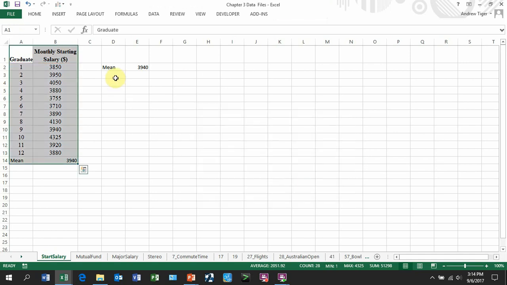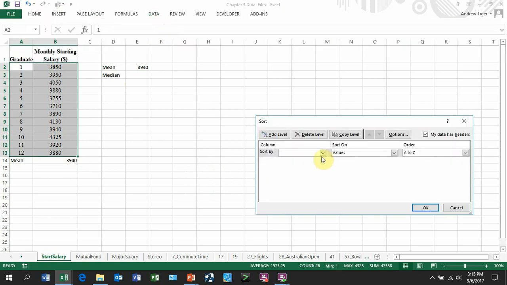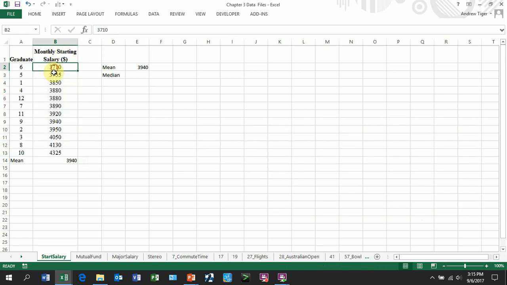Okay. Well, what is the median? The median is if we would sort this data from high to low, so if we would grab the data and sort it based on the starting salary, smallest to largest, and we have a total of 12 data points.